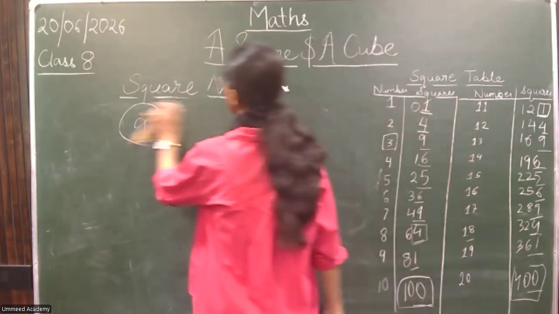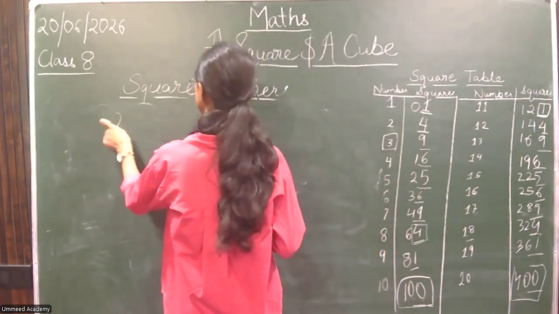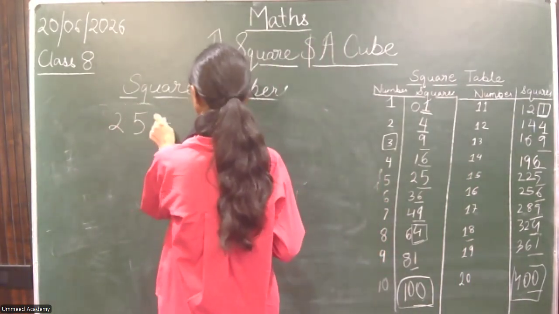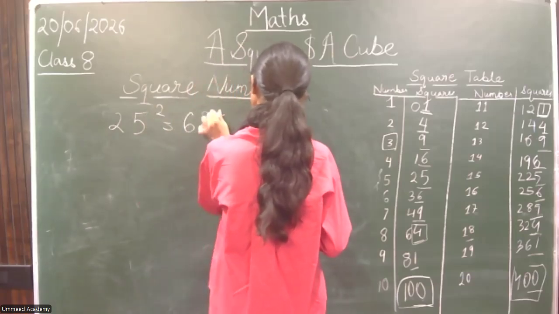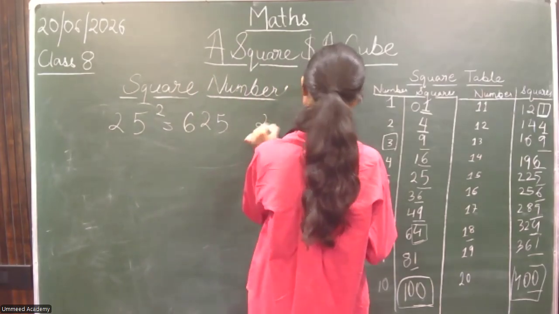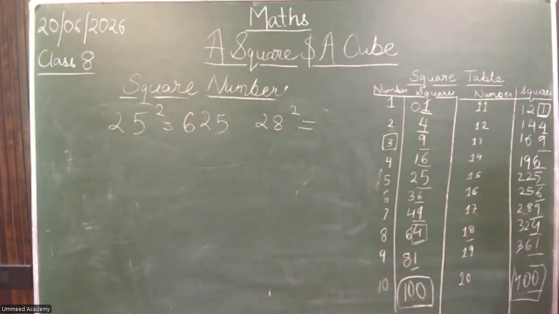Now if I talk about two non-consecutive numbers, like if the square of 25 is 625, find the square of 28. How will we do this? Don't know.